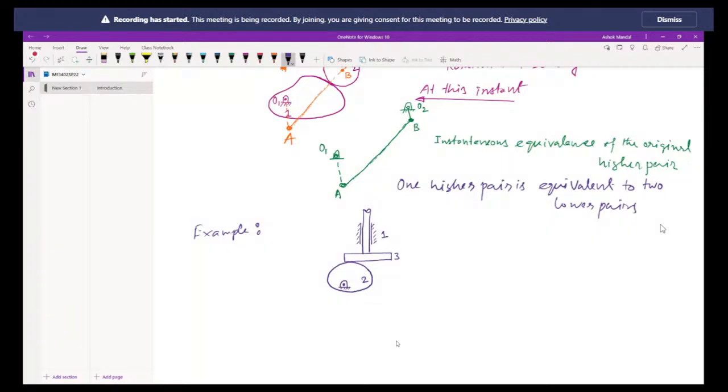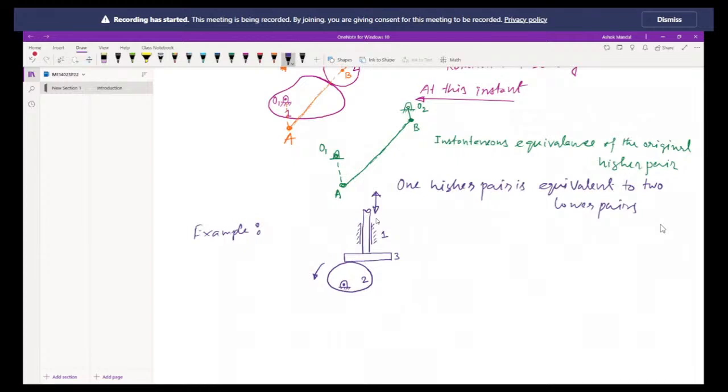Now you understand the motion. So if this rotates in this direction, what will happen to this link? If link 2 rotates in this direction, link 3 will go up and down, right? It will go up as this link rotates in this direction, so this will push it up.